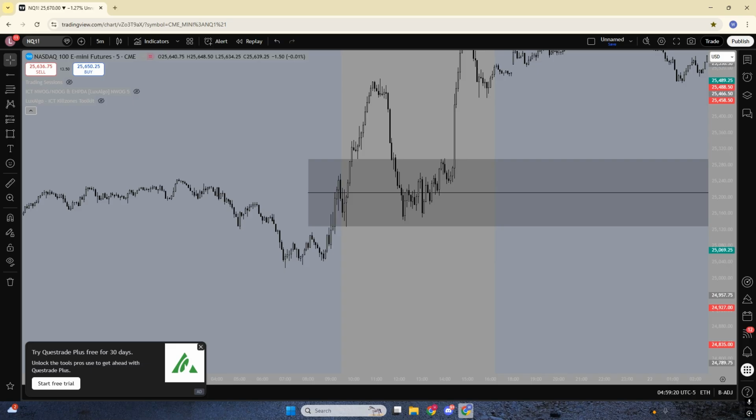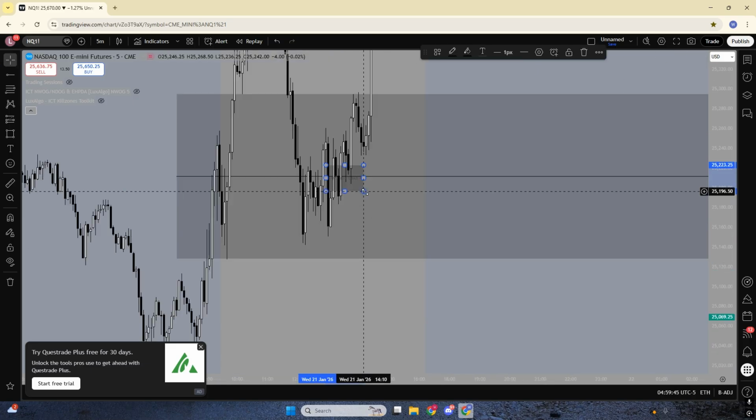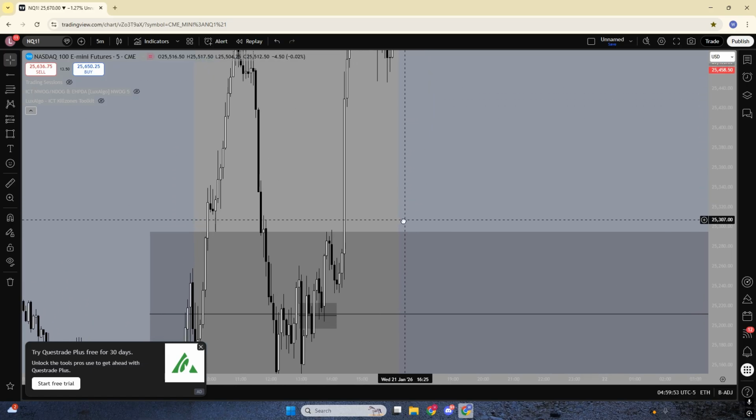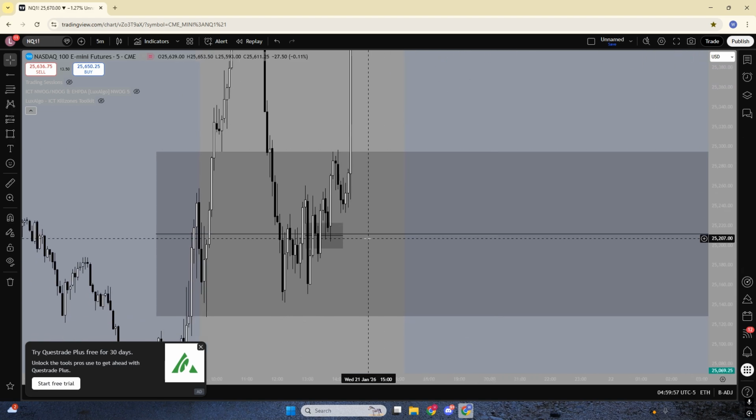And then look, price taps into it, creates a fair value gap here, right? It inverses, taps back into it, it fills it, and then boom, rips all the way up.